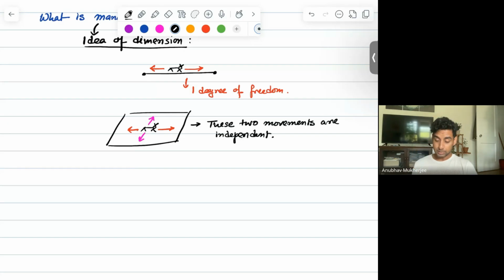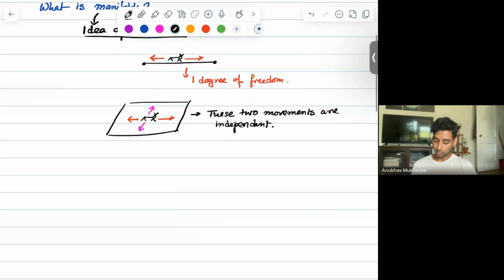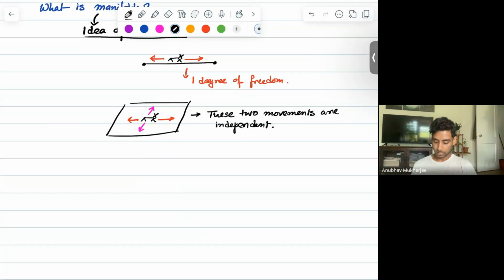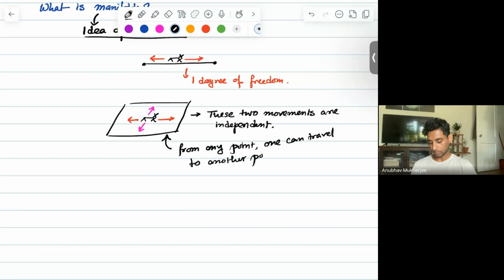This is all you need to travel from any point to any point in this sheet. So from any point, one can travel by these two movements. This is the idea of dimension 2.